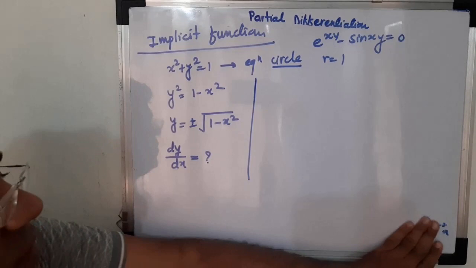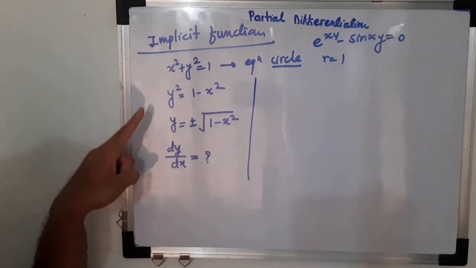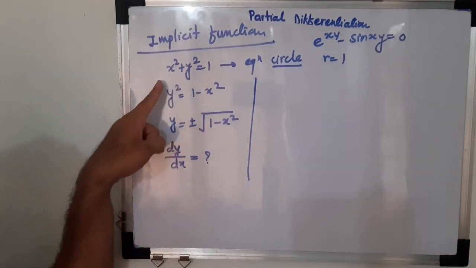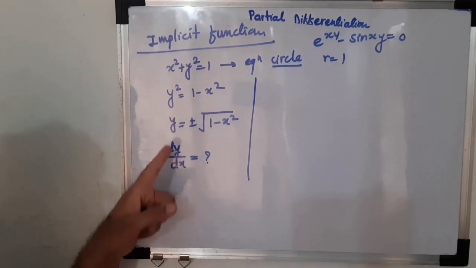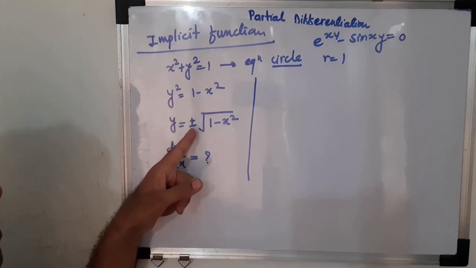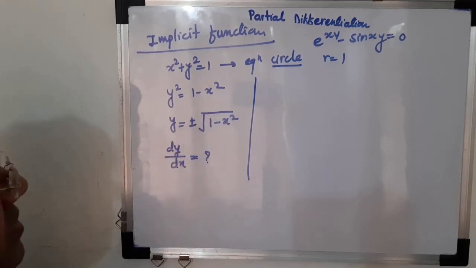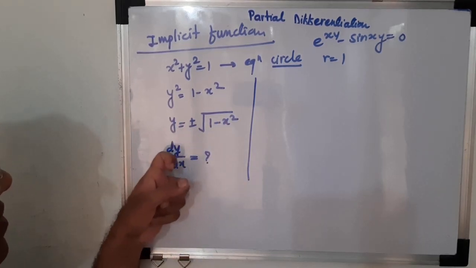Why? I will tell you here. This is the equation of a circle, y square is equal to 1 minus x square, and y is equal to plus or minus under root of 1 minus x square. Suppose you want to find dy by dx.